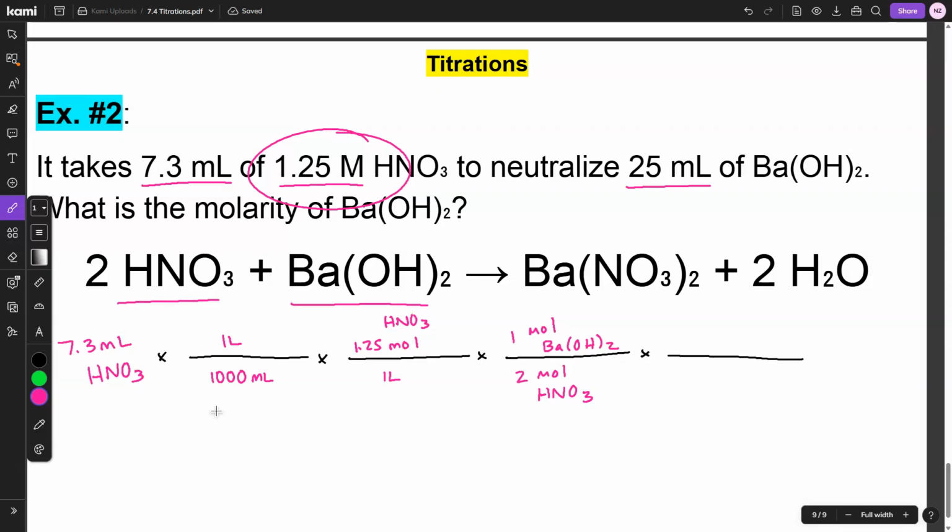And then our last step is going to be find molarity. So again, molarity is moles over liters. So we are currently in moles. We want to divide by liters. 25 milliliters is 0.025 liters.